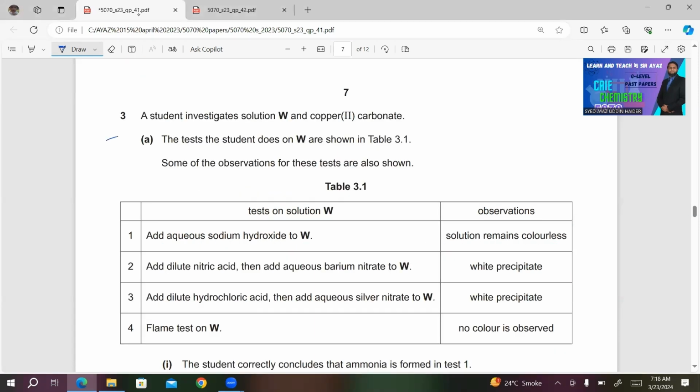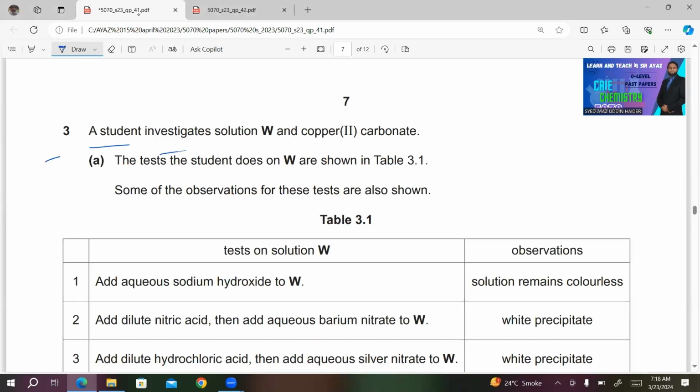Question number 3. Student investigates solution W and copper 2 carbonate.